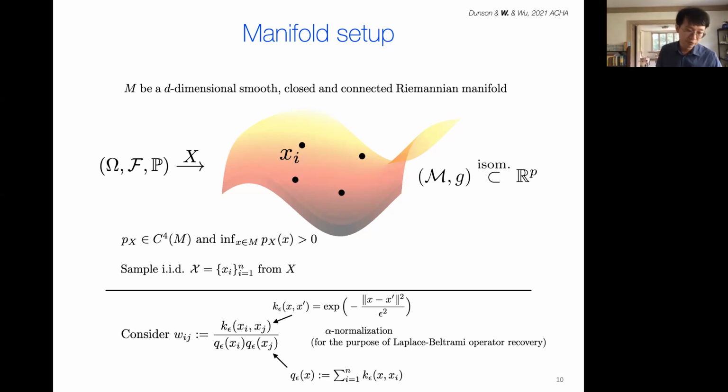The purpose is to remove the impact of the density function so that you can see something intrinsic instead of something extrinsic inherited from the density function, the random vector itself. So you have q epsilon of xi and q epsilon of xj. And q epsilon of x can be understood as a kernel density estimation. You may want to do some further normalization, like one over n, but all those constants will be canceled out in the end.